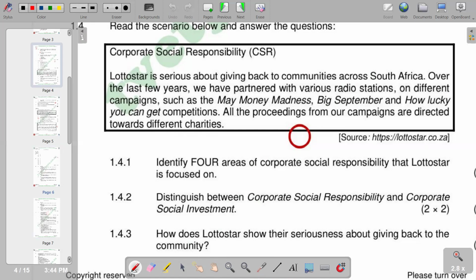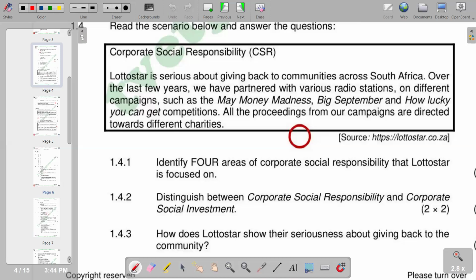Then we look at corporate social investment. It is a strategic practice where companies or businesses allocate financial and non-financial resources to address social and developmental challenges in communities. So you'd see that corporate social investment is an external practice outside the business core operations, undertaken to achieve sustainable and social outcomes and uplift communities.